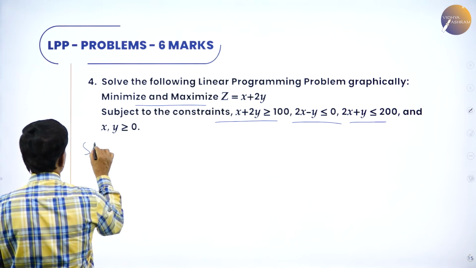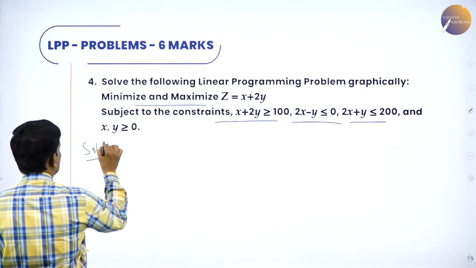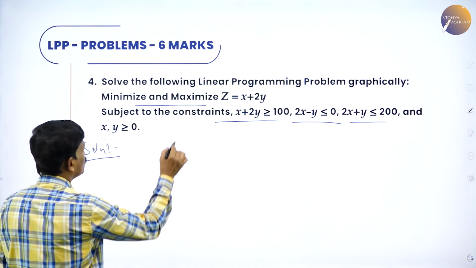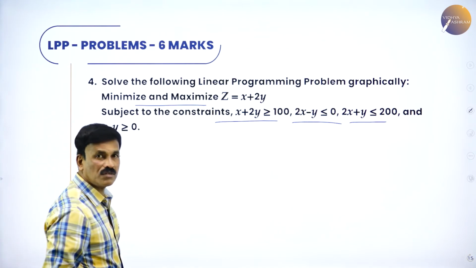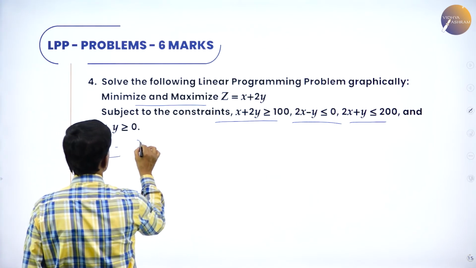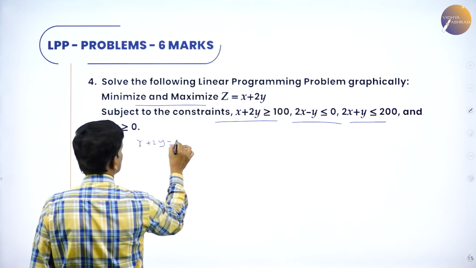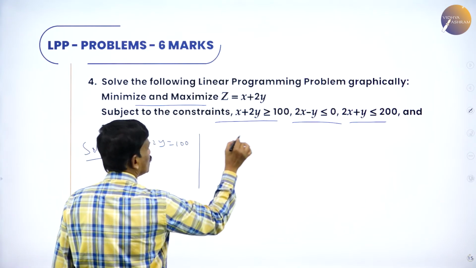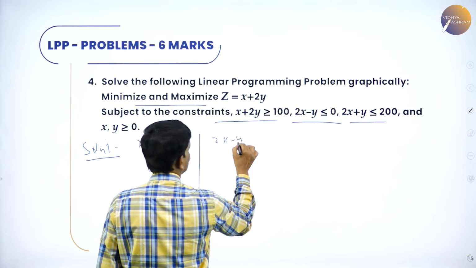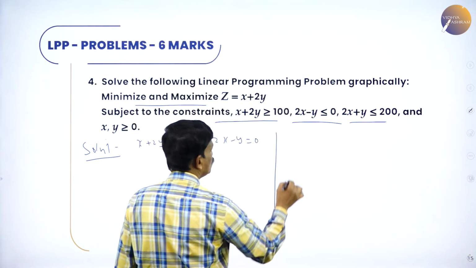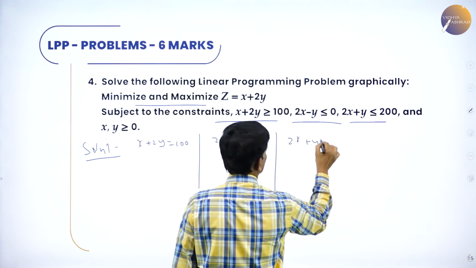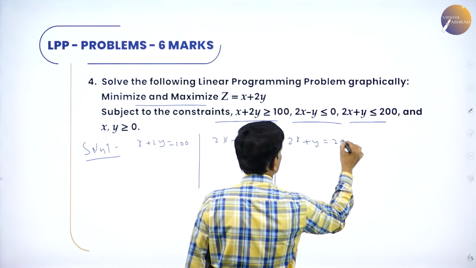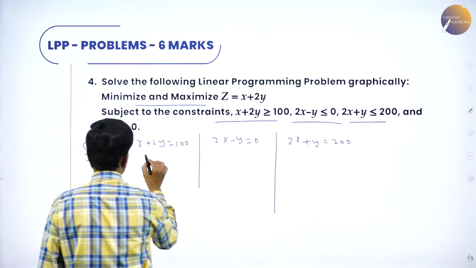Now let us find out the corner points. For this, convert these inequalities into equalities. This can be done as x plus 2y is equal to 100. Another equation 2x minus y is equal to 0 and 2x plus y is equal to 200. Now put x is equal to 0.